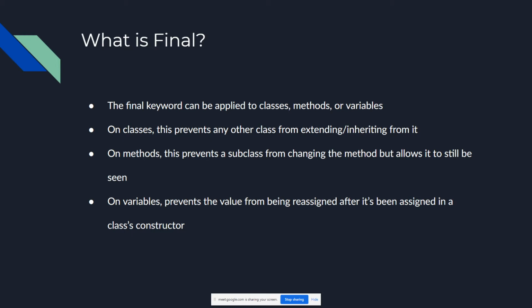Because then through polymorphism, you're kind of changing the class, right? So final prevents that. On methods, it prevents overriding a method. If you make a subclass of some other class, and one of the parent class's methods is final, the subclass can't override it. It has to use the parent version of the method. So that's what final will do there.